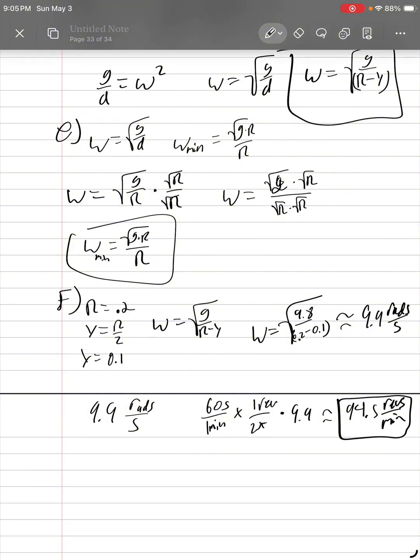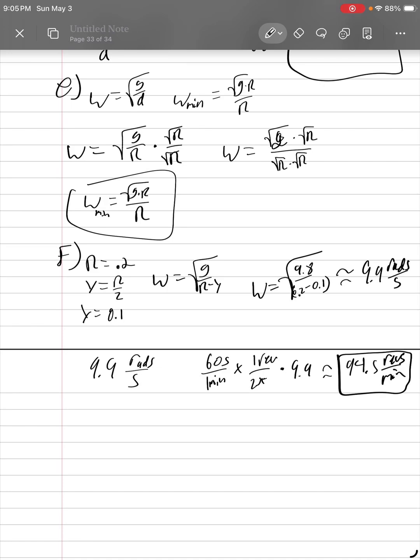And so now moving on to part G, I'm going to start with omega is equal to 2 pi over the period, which is really just theta over t. And we're just going to move this around. So we're going to have t is equal to 2 pi over omega.